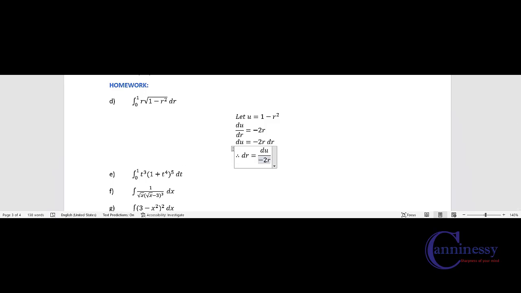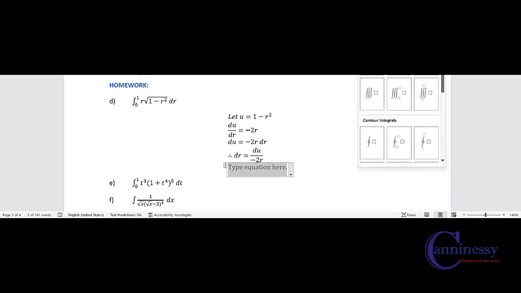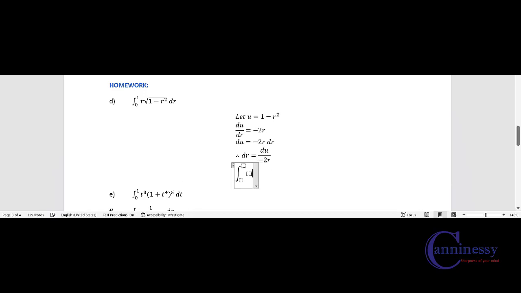Now let's substitute dr equals du over negative 2r in the original equation. So now we have the integral of r multiplied by u to the power half.